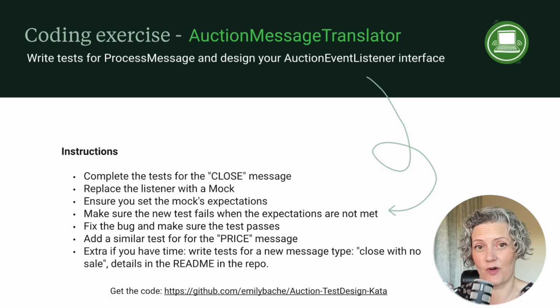And do the same for the price message. And then if you get as far as that, then there is a third kind of message that's talked about in the README in the repo, which you can hopefully also implement. And then you'll get a fuller interface with more methods in it for your auction event listener. Happy coding!